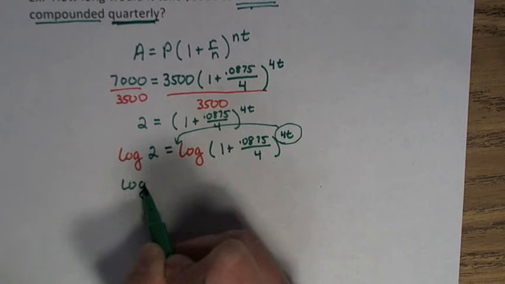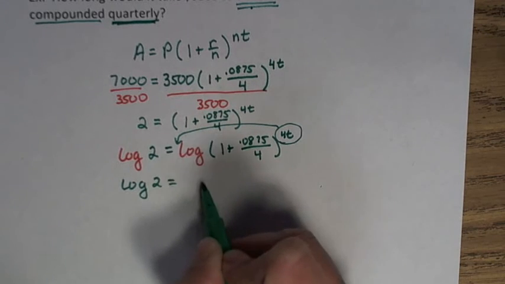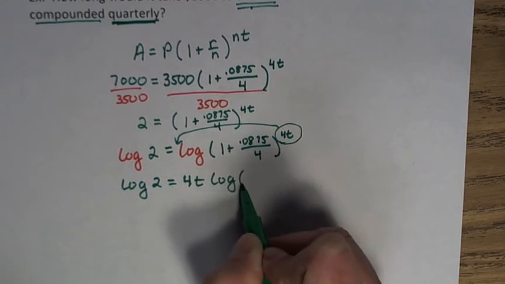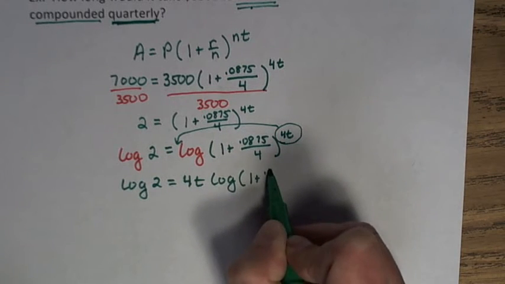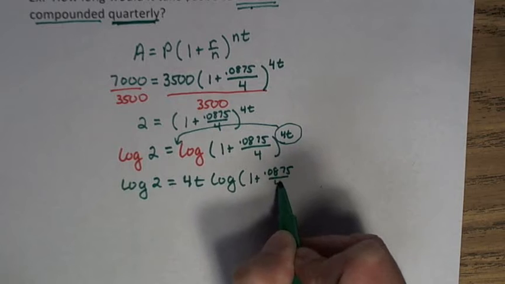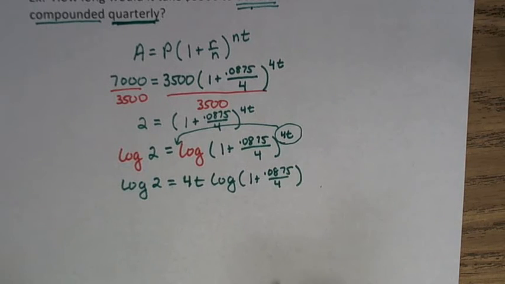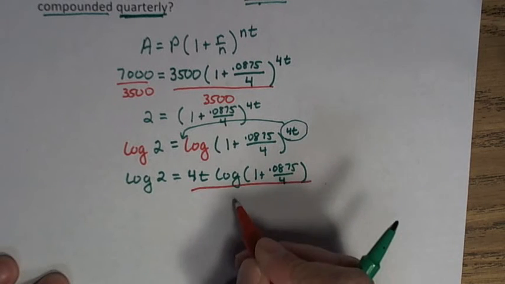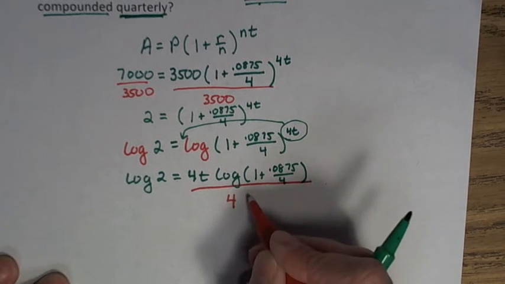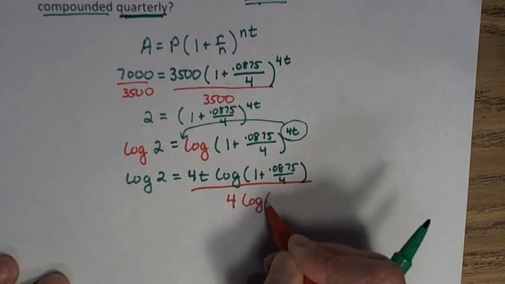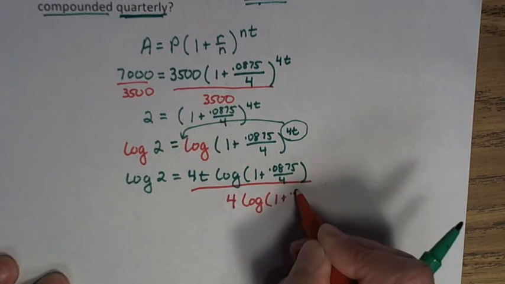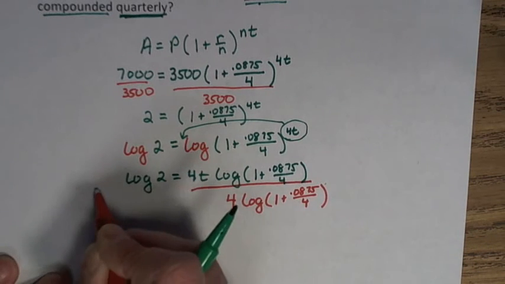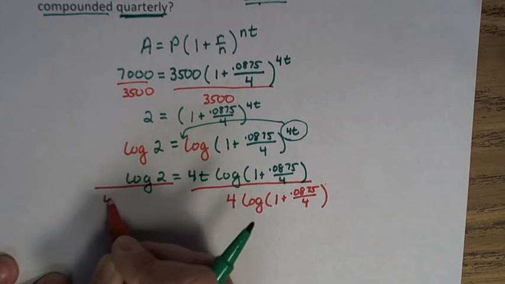So I have log of 2 is equal to 4t times log of 1 plus 0.0875 divided by 4. And I still do the same thing I did in the first example. I divide both sides by 4. And since I'm going to use a calculator, this ugly number here shouldn't scare me at all. Divide both sides.